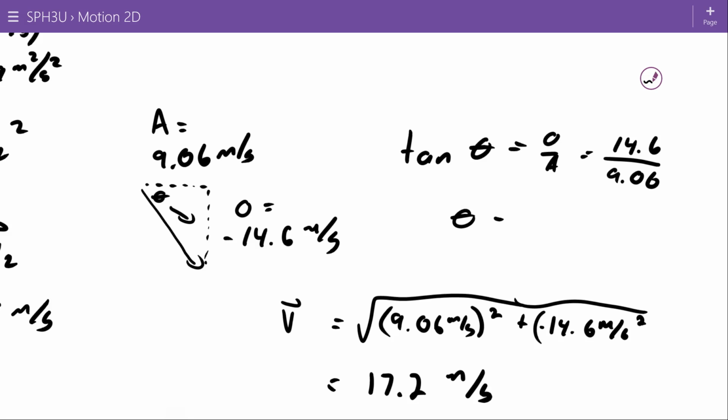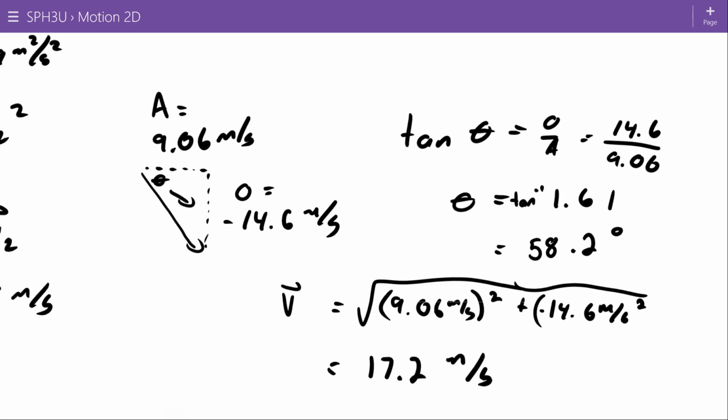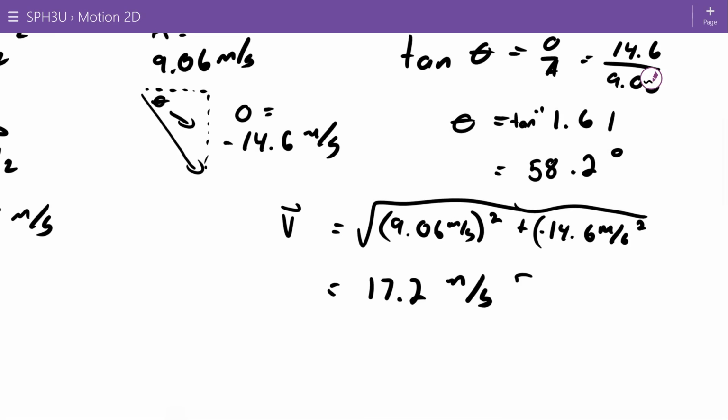So I'll inverse tan that ratio. And I get 58.2 degrees. So my impact velocity is 58.2 degrees below the horizontal.